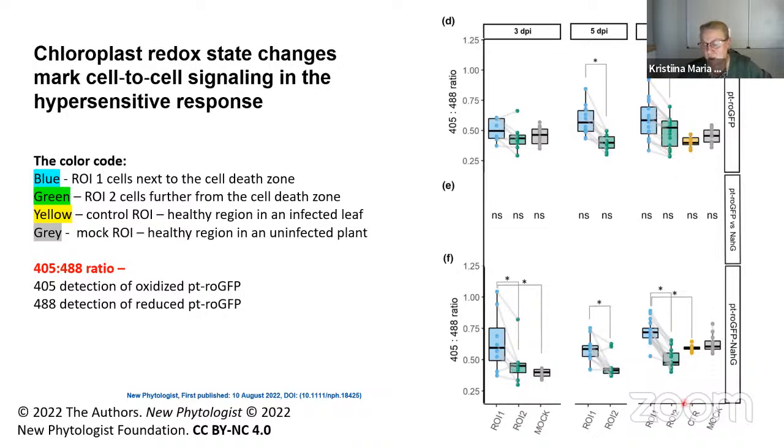And this is also true when the salicylic acid accumulation has been reduced by this NAHG transgene.